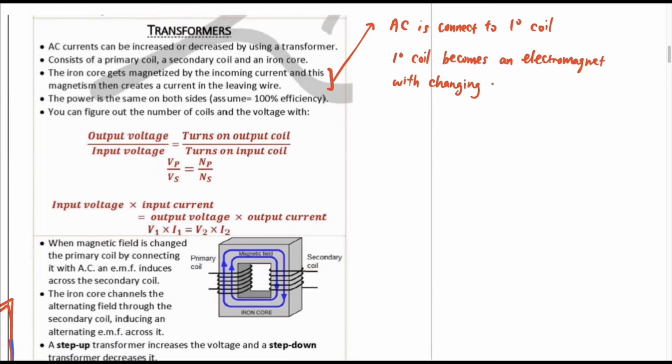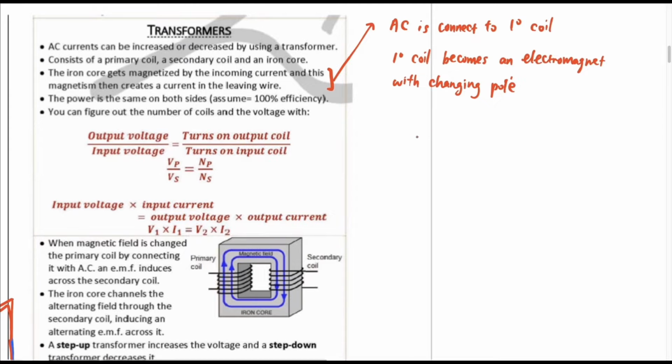When I say changing poles, that means at one moment the upper part becomes north pole and the bottom becomes south pole. At the other moment, the bottom becomes north pole and the top becomes south pole. They keep changing poles.